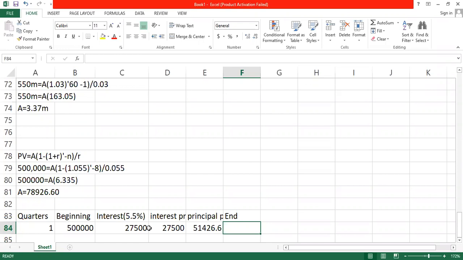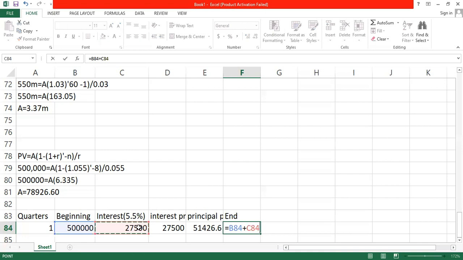Let's hurry up. I have another class. How much should you have paid the bank at the end of the year? 78,926.60. So the amount you owe will be the amount at the beginning plus the interest, minus the amount you have paid, isn't it? Yes.